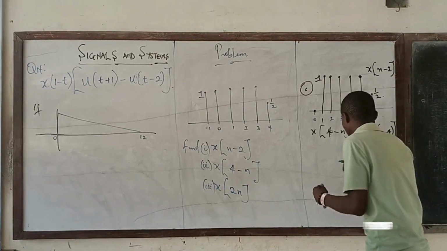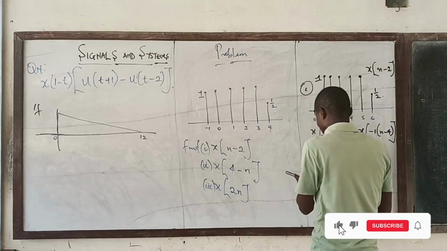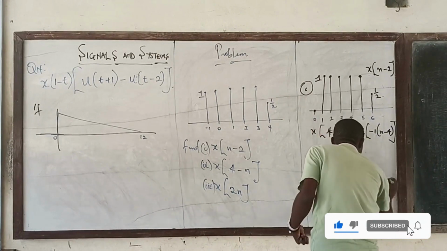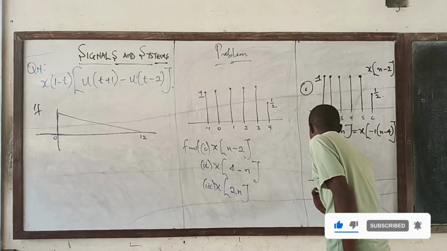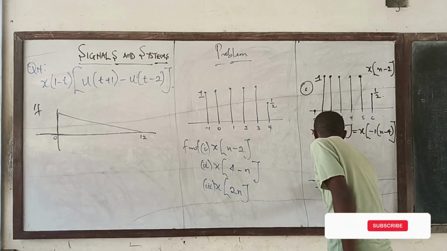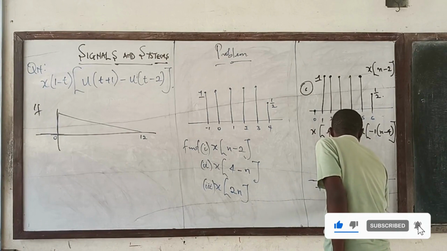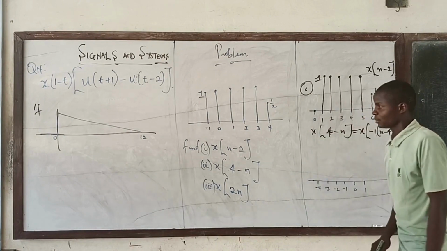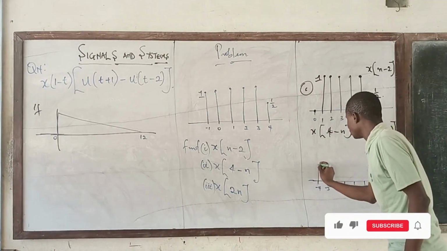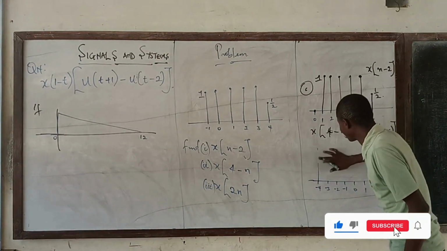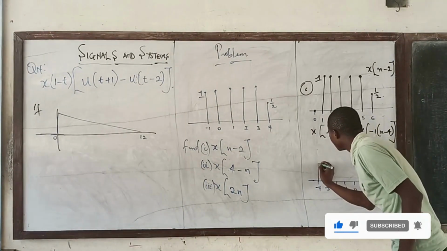Now look at this. I'm going to draw this again. I'm going to start here with minus 4, minus 3, minus 2, minus 1, 0, then 1. Now I am going to draw the reversed signal.